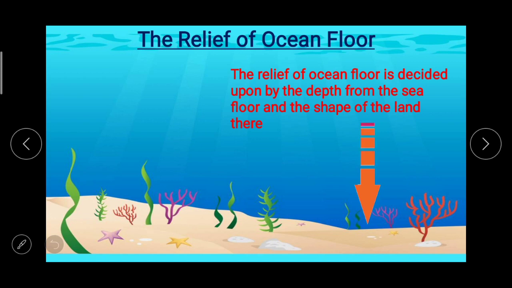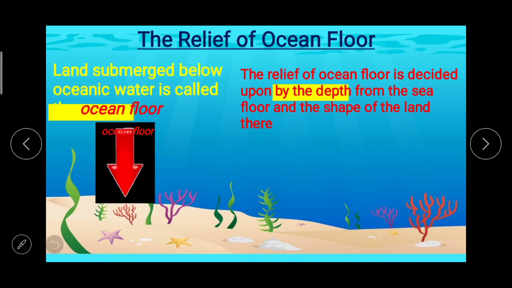So, here on the screen you can see the relief of ocean floor is decided upon by the depth from the sea floor and the shape of the land there. Again, the relief of ocean floor: land submerged below oceanic water is called ocean floor, and it is decided by the depth.